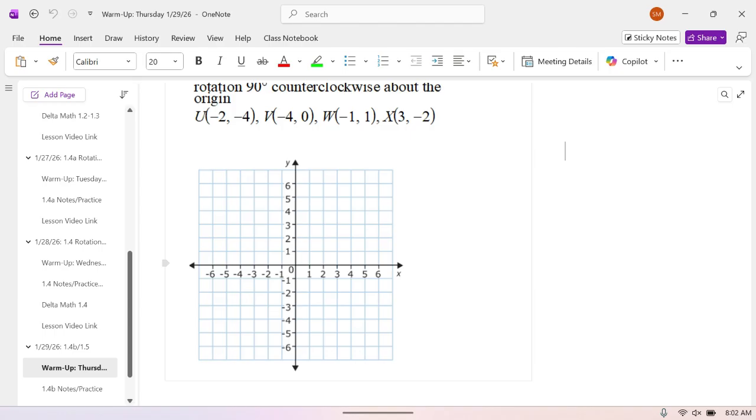Or find the new points? I'm not telling you, so you guys better look back at your notes. So what did I say is the key process for graphing rotations or finding the new points?